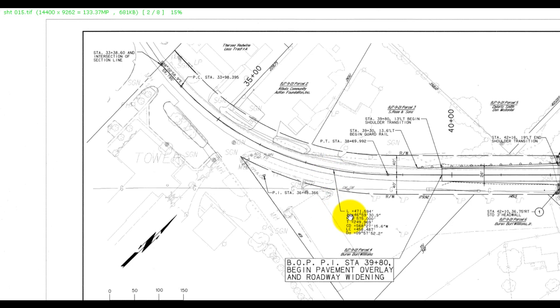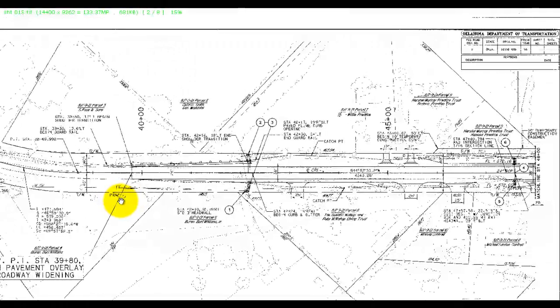And that L is the length of curve, delta is the degree of curve, R is the radius, T is the tangent length, CD is the chord bearing, LC is the long chord, length of chord, and D sub A is the degree of curve arc definition. So we have all this information to help us draw in that curve the way it's supposed to be drawn in.